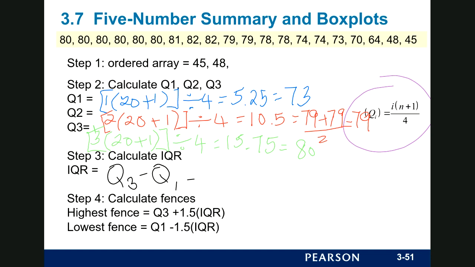So we found Q3 is 80 minus Q1 is 73. So what's that value for? And do you have that answer? Yep, you have it. 7. Okay. 7, Professor. Yep, got it.